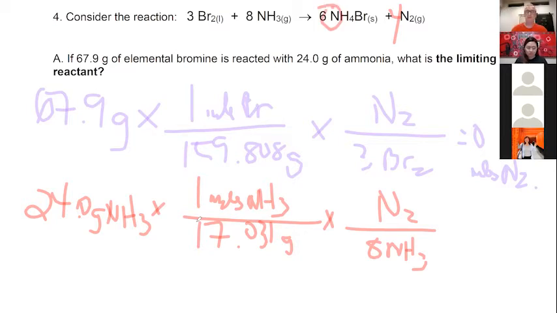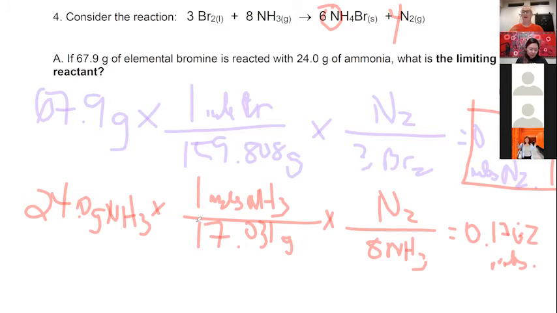So that is why I screwed up the first time. So see how easy it is to mess up the balancing of these reactions. So 24 divided by 17.031 divided by 8 is 0.1762 moles. So this still is limiting, but the amount is much, much less than I thought. So that makes sense. So that is the amount of product we are going to make.